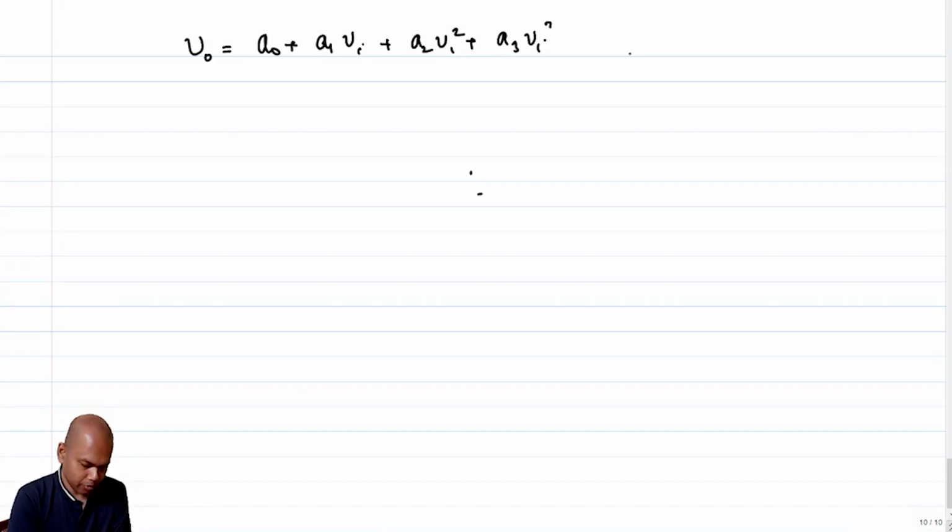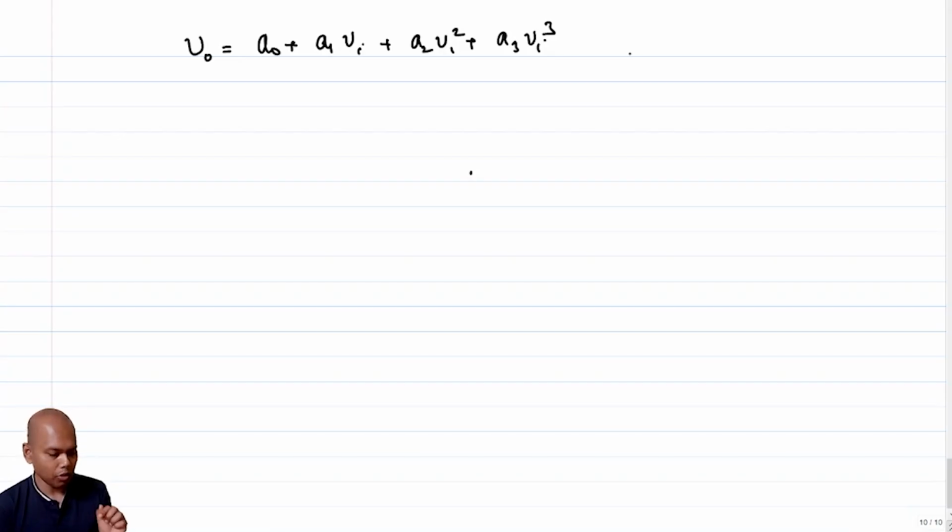So note that when I wrote V naught is A naught plus A1 VI plus A2 VI squared plus A3 VI cube, what are these? From where do we get all these terms?